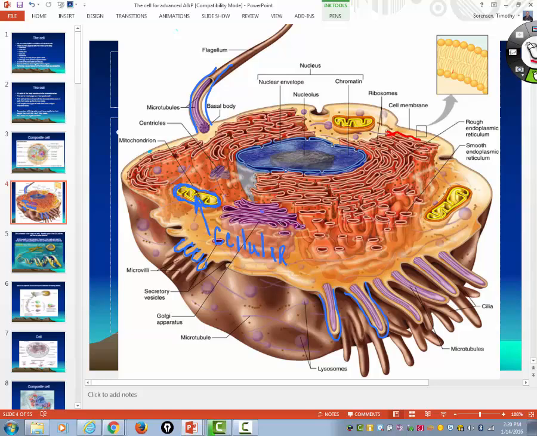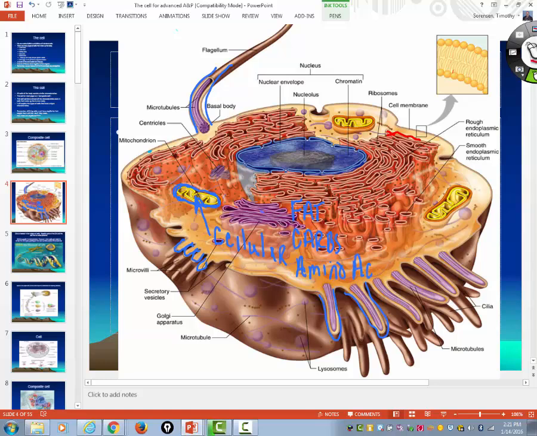And where do you get the fuel to make the cellular energy? You get it from the food we eat. So the mitochondria can break down fat, carbs, or protein, amino acids, and it can break the chemical bonds that hold those things together.